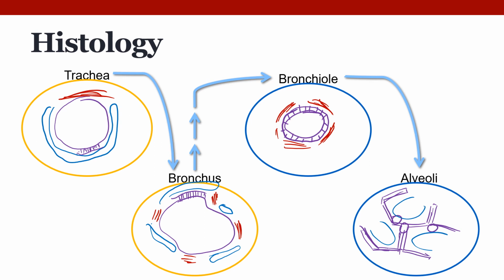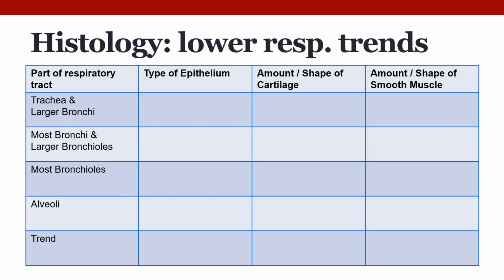So if we try to sum up these histological trends, the type of epithelium in the trachea and larger bronchi, we see pseudostratified columnar.